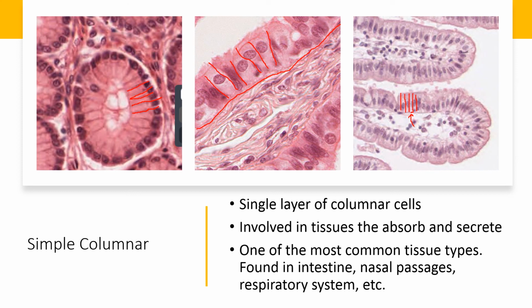But you can see these kind of rectangular shaped cells all packed together. And there's only one layer, so that's why it's called a simple epithelium. So this is simple columnar. We're going to find this type of tissue in the intestines, especially where it helps absorb nutrients. We'll find it in the nasal passages. It's also in other parts of the respiratory system, like around the respiratory bronchioles.